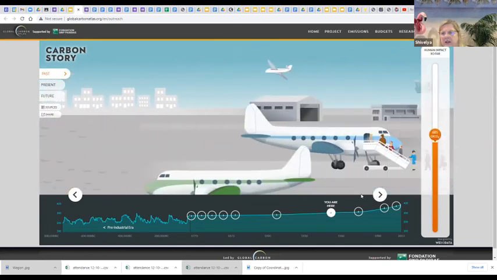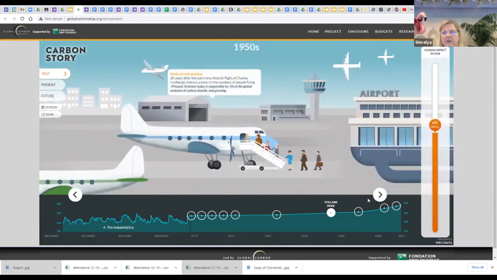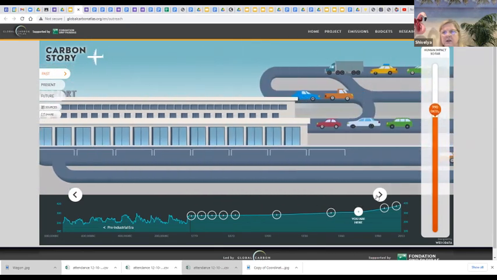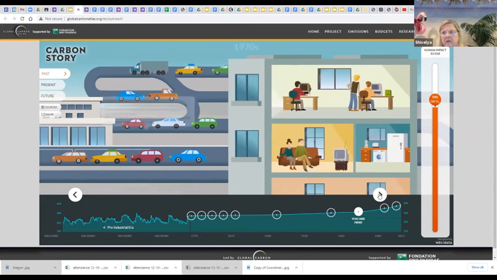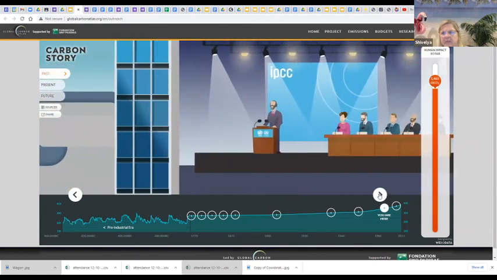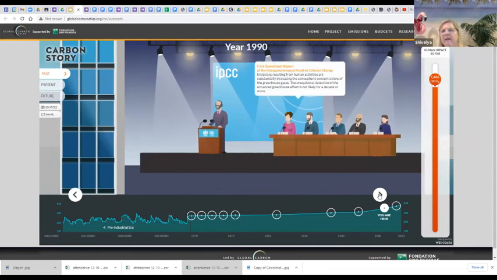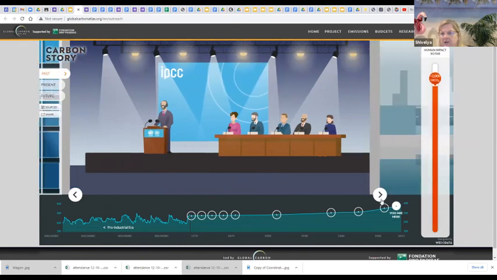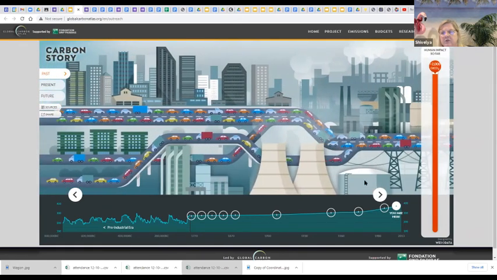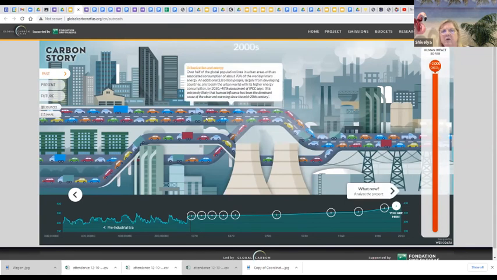Because they like watching that thing go up, and here we get into some of the mass transportation. Everybody's on the road now. It talks about the agencies, international cooperation to address it. So this is where we're at.